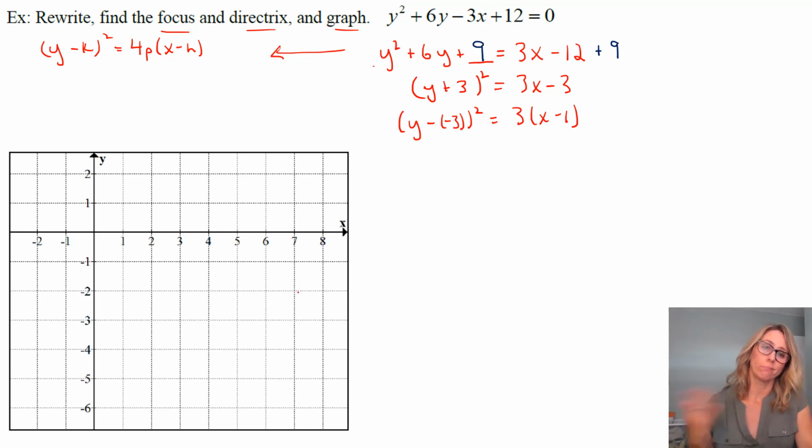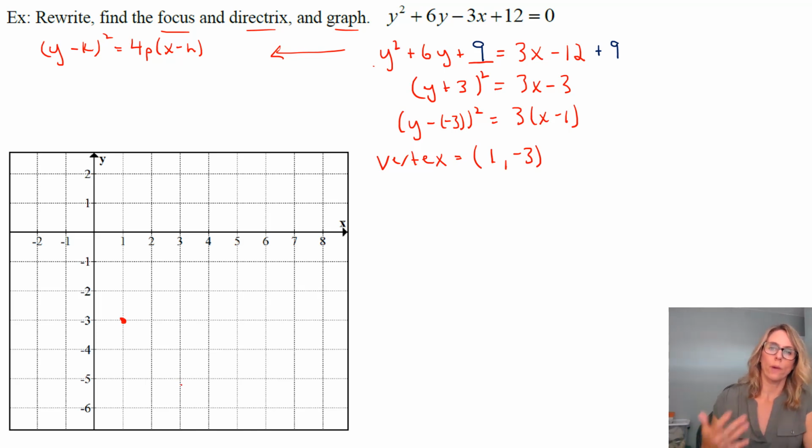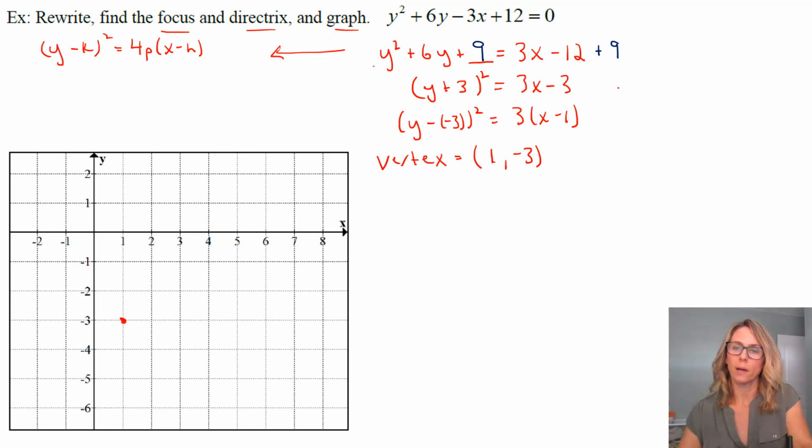So from this, we know a lot about our parabola. We know the vertex. The vertex is (h, k), where, as you can see, h is with the x and k is with the y. So we know our vertex is (1, negative 3). So we just go ahead and put that on. And in order to then graph this, we could think about the fact that our p is positive.